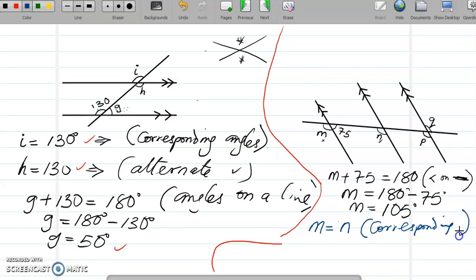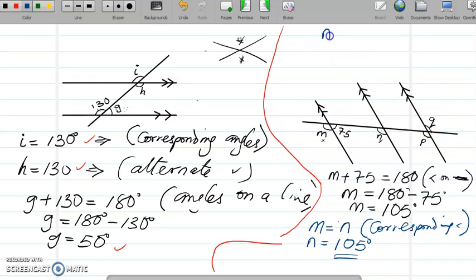So since M is 105, N also will be 105 degrees. So what about P? N and P are also corresponding angles.